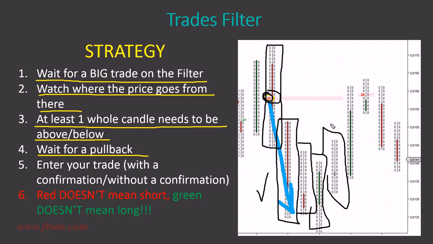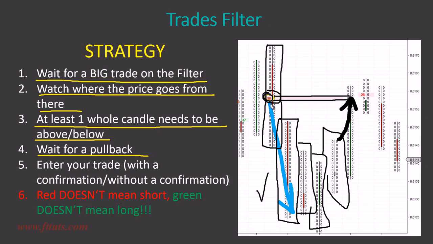You wait for the price to make it back to the price level where the number got created. Now the indicator will print this zone automatically, and from that place you want to enter a trade in the direction of the activity after the big number, the big trade, got created.